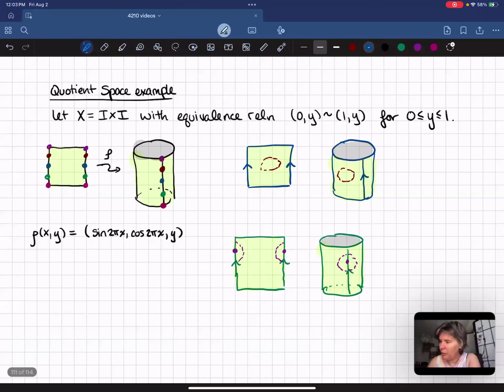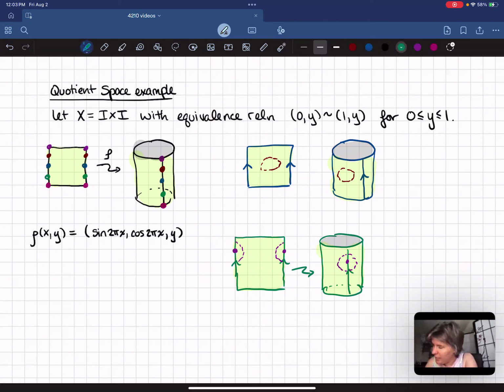Another type of open set is what you get when you look at points that are on the edges of the unit square, the edges that have been glued. So if I look at edges that have been glued, then this open set right here corresponds to the open set I get by taking part of an open ball on the right side and then part of an open ball on the left side.